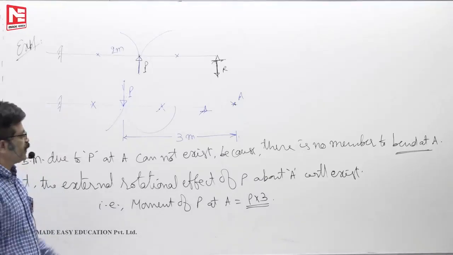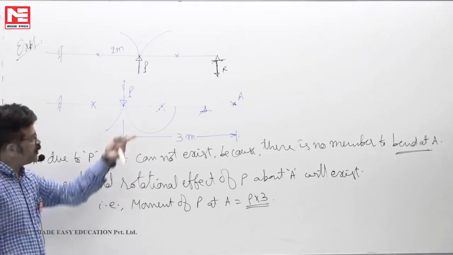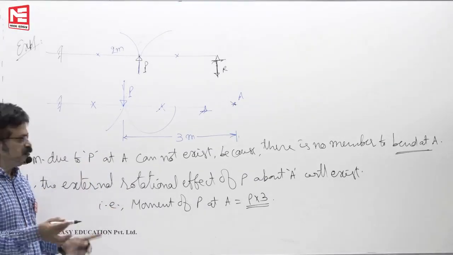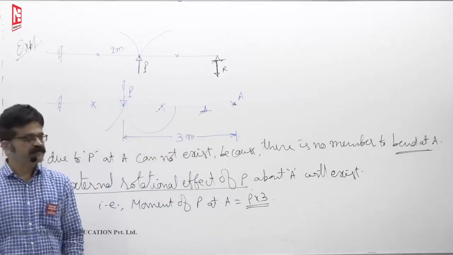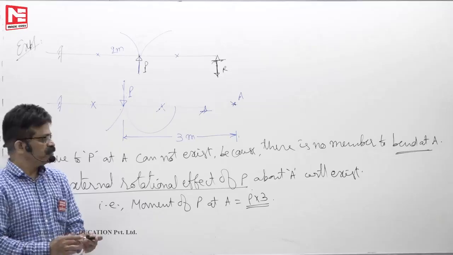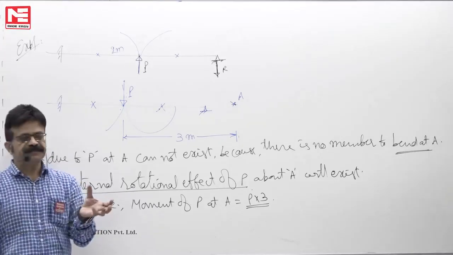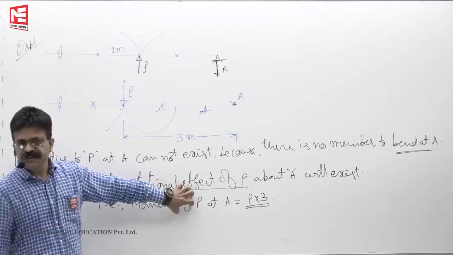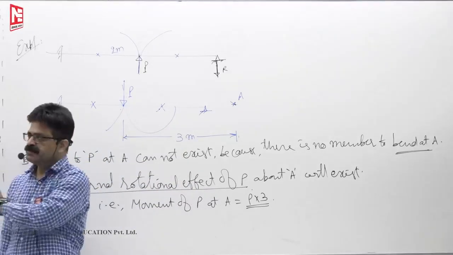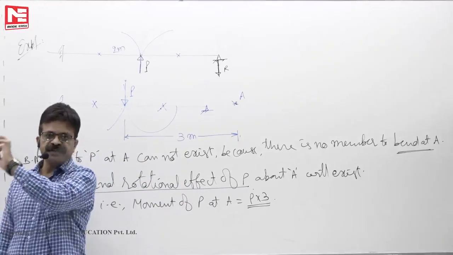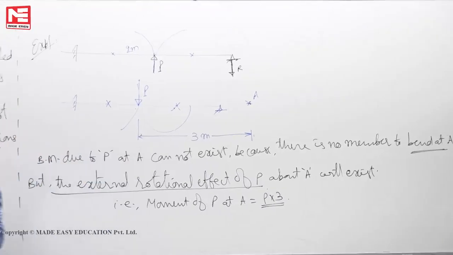That's all. But you cannot write here bending moment because it is not bending. Simply moment means external rotational effect. Now, having got that clarity, the difference between external rotational effect, that is moment, and bending moment, now we solve the problems. How to draw influence line diagrams for bending moment at any section.